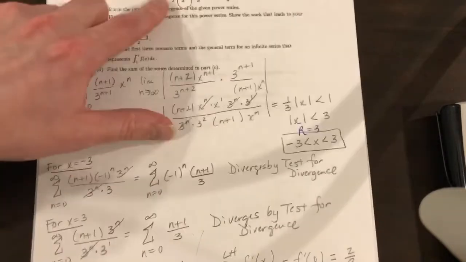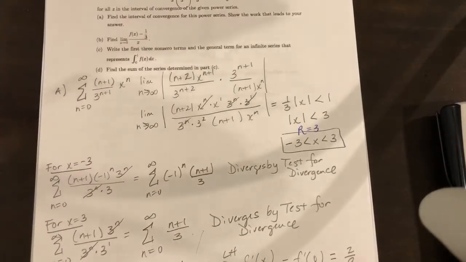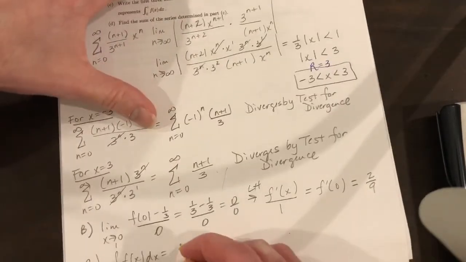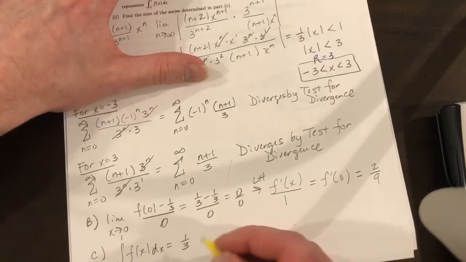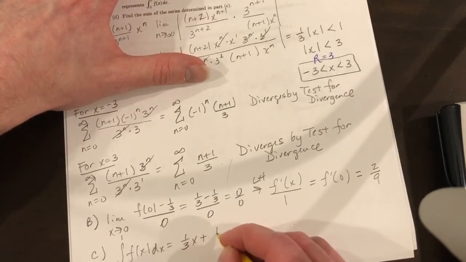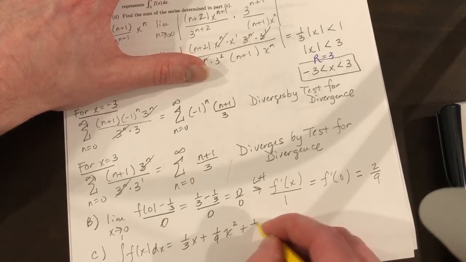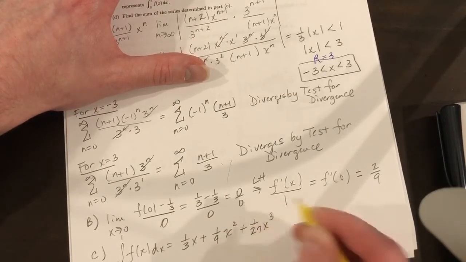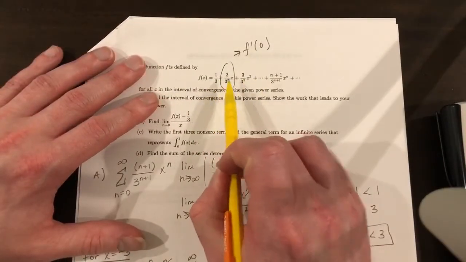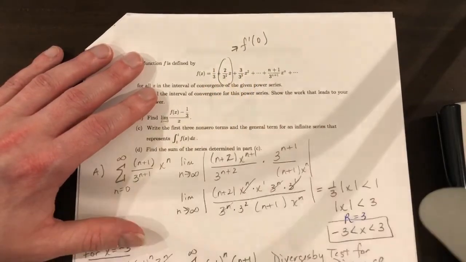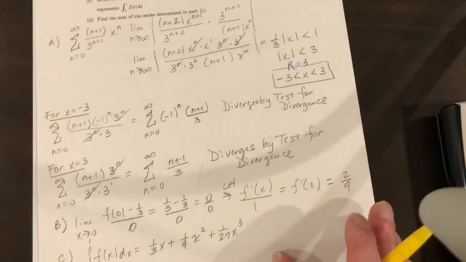So if I was to integrate the first 3 non-zero terms, I'm going to get 1/3 x plus 1/9 x squared plus 1 over 27 x cubed. I'm just adding 1 to the exponent and dividing by the new exponent for those 3 terms right there.